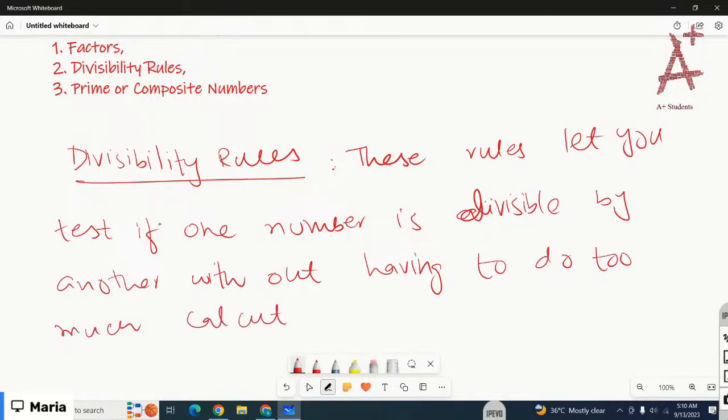We don't have to actually divide, right? You just have to apply some rules and then see if the number is divisible by a given number, yes or no, right?